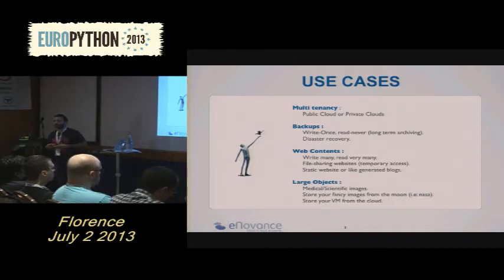You just spin up a data center in Alaska or anywhere, and you want to have all your stuff there as a disaster recovery, and spinning up a Swift cluster there is a very efficient way to have that. And there's a very good use case that most developers will use, which is web content.